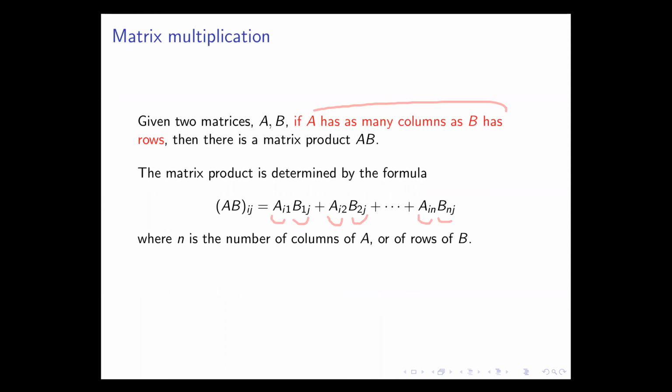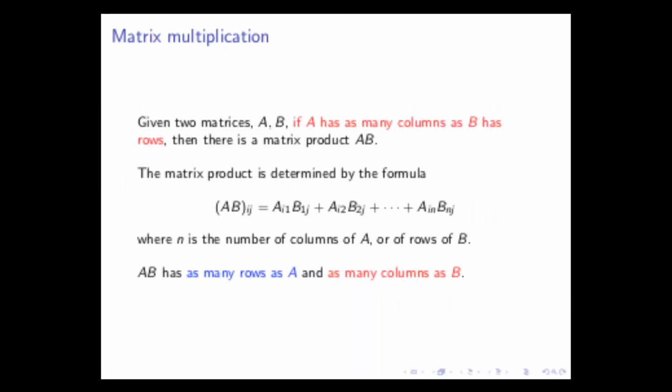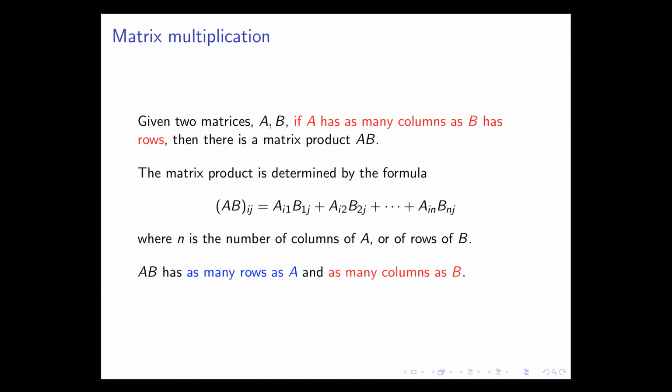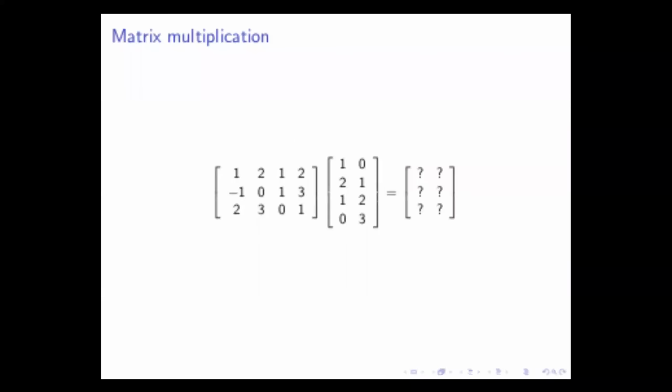Let's look at this in a bit more detail. AB has as many rows as A and as many columns as B. This is how multiplication is set up. Here is an example. We have a 3 by 4 matrix, 3 rows, 4 columns, and we multiply it by a matrix which has 4 rows and, in this case, 2 columns.